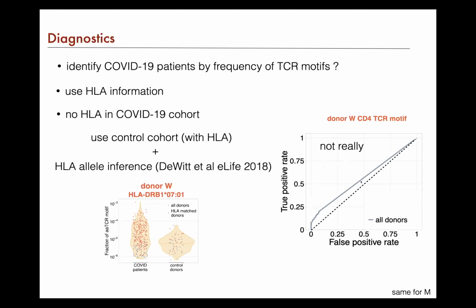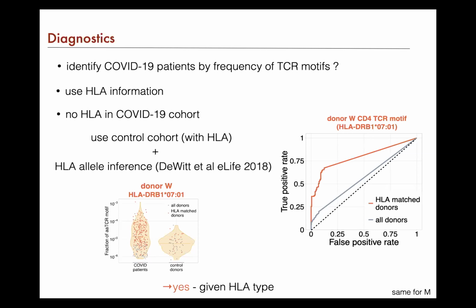And if we re-ask the question, can we identify COVID-19 patients by the frequency of the HLA motifs if we restrict to a given HLA type, the answer is yes. We get a much better classifier based on data from basically a small number of patients.